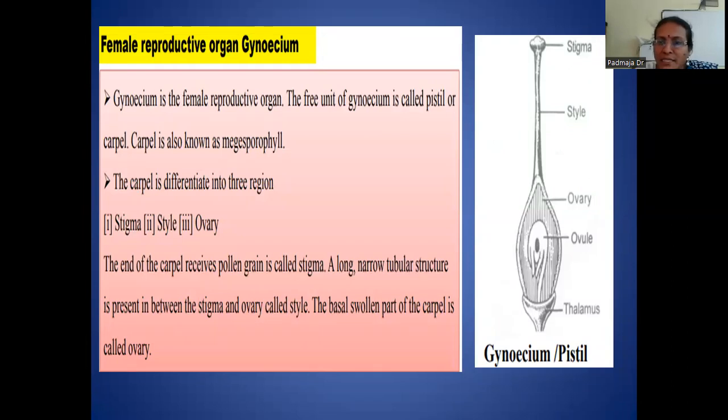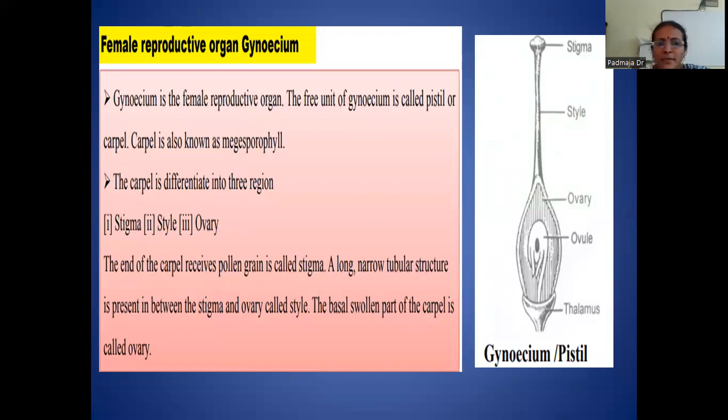And somewhat the style will be very much elongated, or somewhat less long, a narrow tubular structure present between the stigma and the ovary is called the style. So the basal swollen part of the carpel is called the ovary. So now here the carpel, megasporophyll, and the gynoecium are the same terminology used for the same structure.